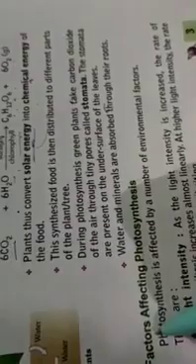Now we will read about the factors affecting photosynthesis. First factor is light intensity. If light is more, then the rate of photosynthesis also increases.